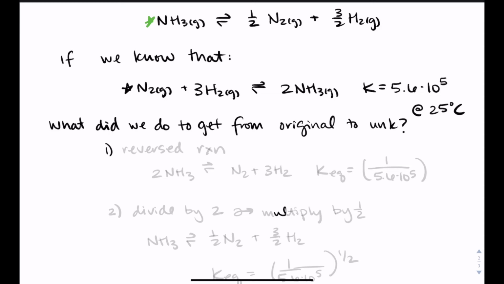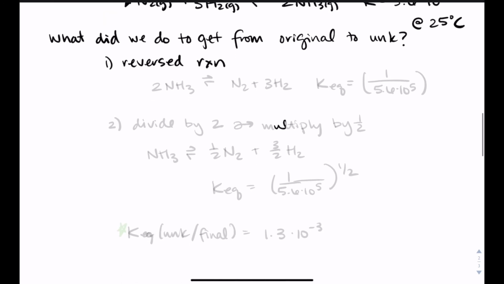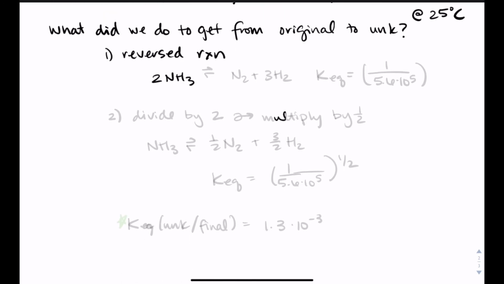So if I reverse the reaction and I have 2NH3 in equilibrium with N2 plus 3H2, the equilibrium constant for this will be the inverse of the original. So my KEQ is 1 over 5.6 times 10 to the fifth. I haven't bothered multiplying this out. I'm just going to carry that forward as my new equilibrium constant because I've got to do more. I'm still not at my target reaction.